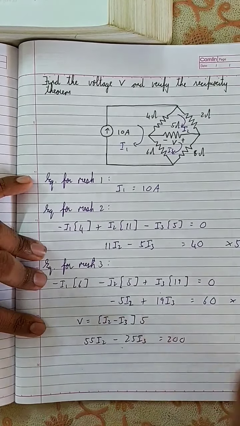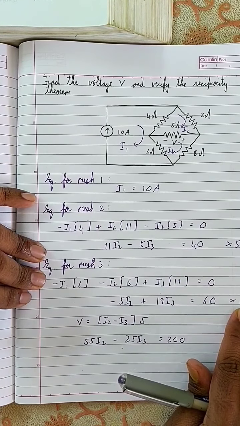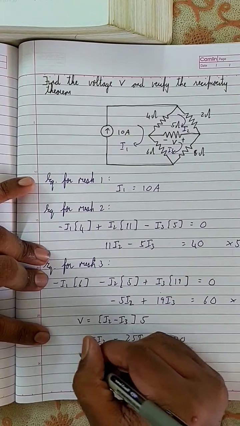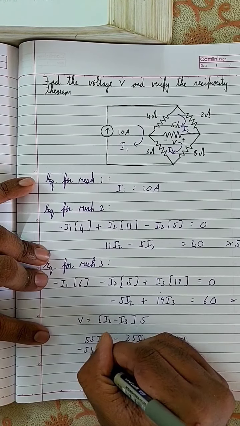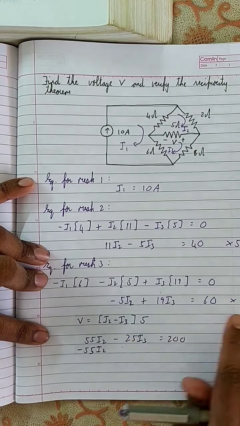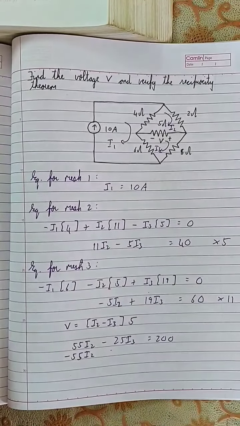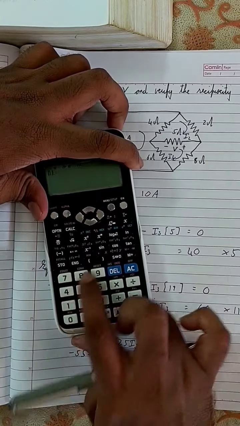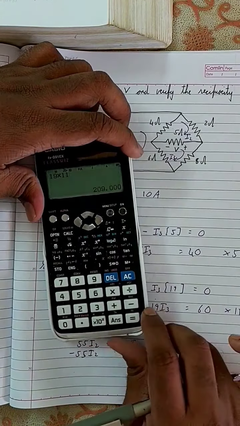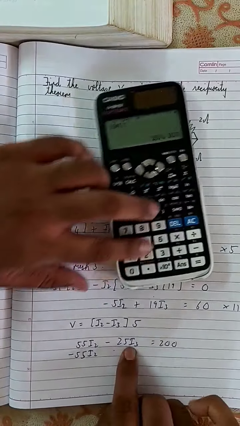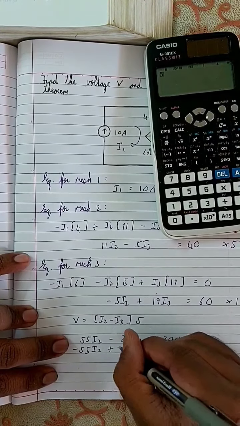And over here, 11 into 5 is 55, so we have minus 55I2. And 19 into 11 is 209, so this is plus 209.